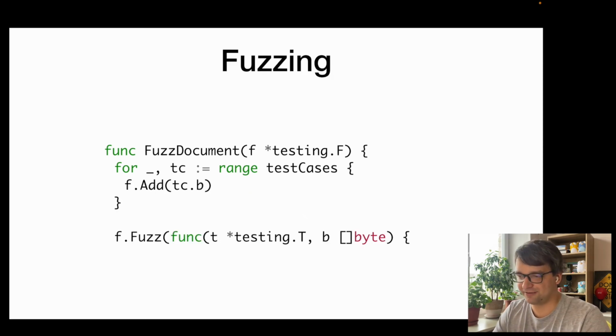So fuzzing looks very similar. We write a FuzzDocument function which accepts testing.F instead of testing.T. And you just call f.Add with test cases, with generated bytes, with bytes from the test case. And there is a Fuzz function similar to the subtest function, but the fuzz function accepts an additional parameter b, and b is the generated bytes.